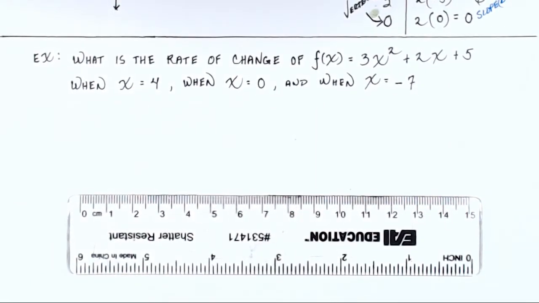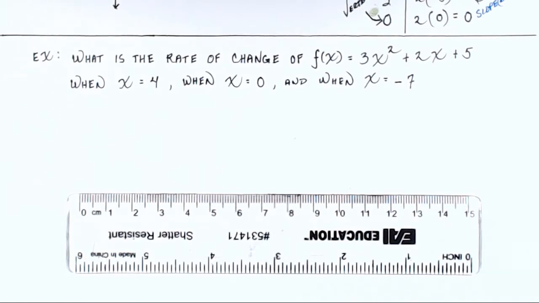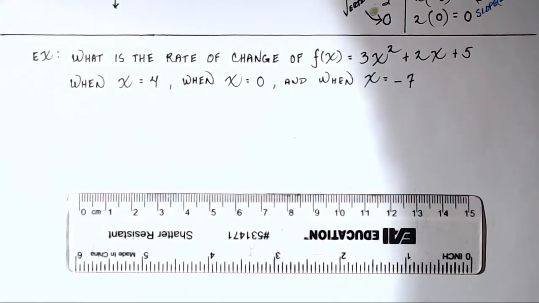Drawing in that function would require us to figure out how to actually graph it, 3x squared plus 2x plus 5. Let me just bounce away for 1 second.